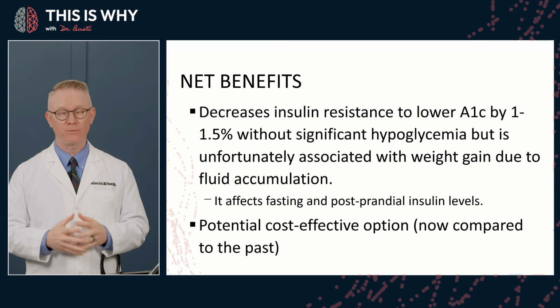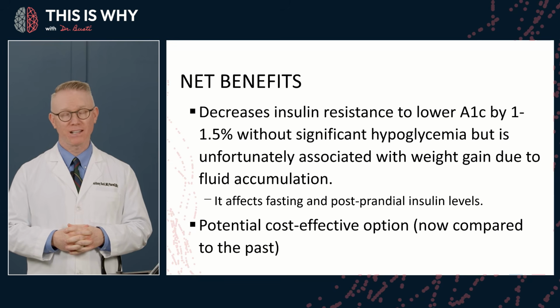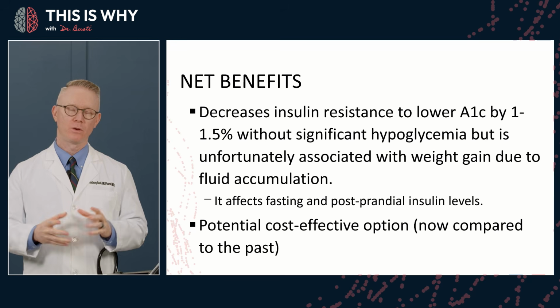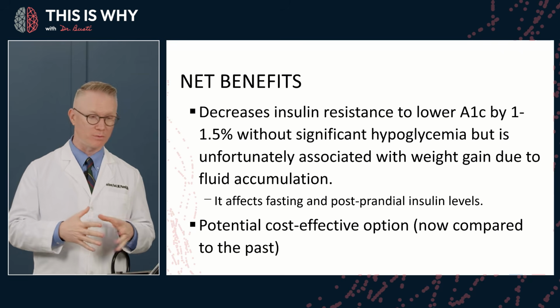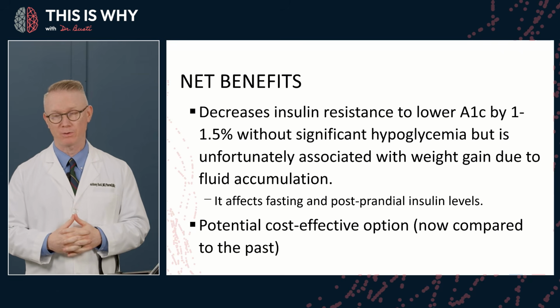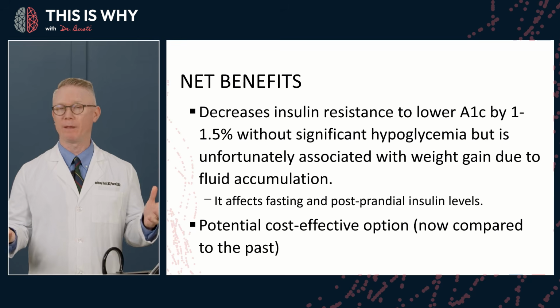Okay, now we're going to move into our net benefit. Why would you pick this drug class? Unfortunately, this class is plagued so much with problems with weight gain, fluid accumulation, some risk of exacerbation of heart failure that there's really not much benefit. So I'm not trying to beat around the bush with it.